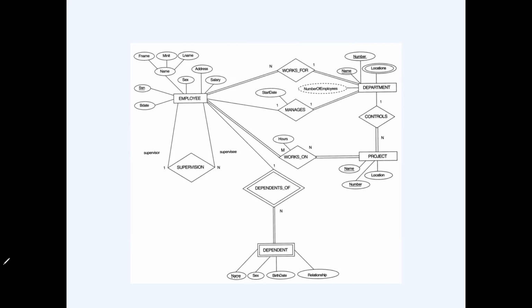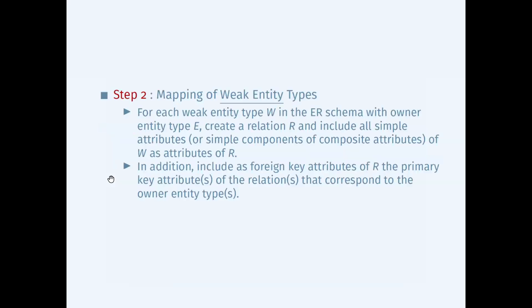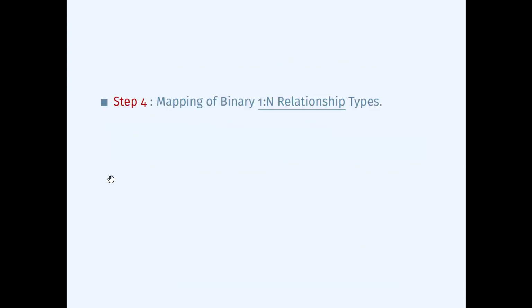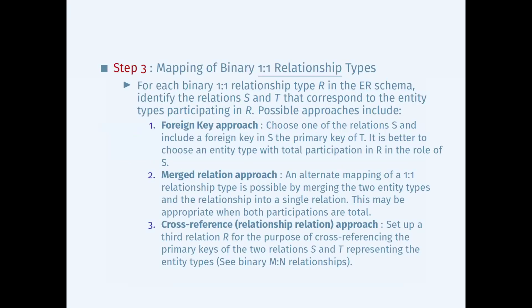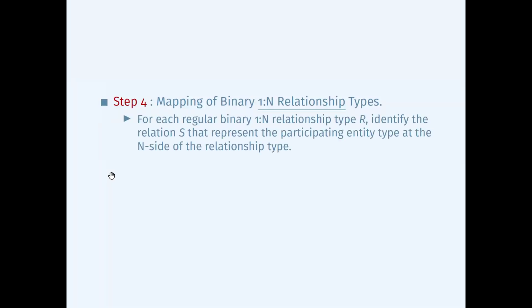Right. Let's go back to the theory again. So we discussed each of the mapping, one-to-one mapping. There are 3 approaches. Then mapping one-to-many. For each one-to-many relation, you look at the inside, right?